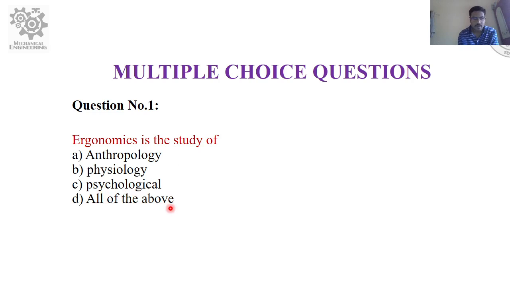Guess your answer, and we will give the key answers at the end of this session.